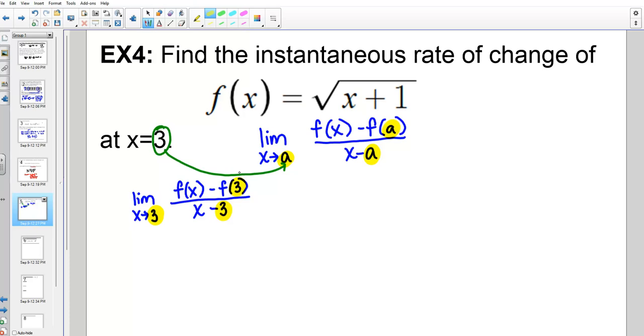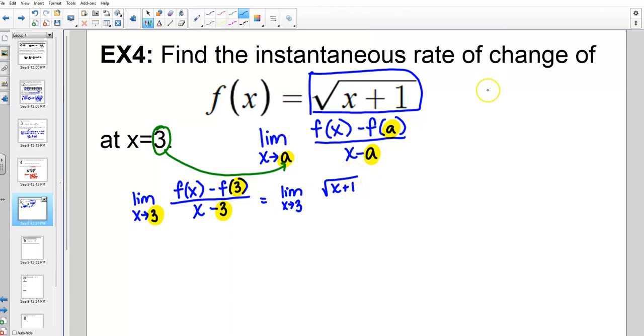So we want to actually figure it out. We're going to have quite a few more steps depending on the difficulty of the problem, but now we're just plugging things in. So we're going to have the limit as x approaches 3 of f of x. Instead of writing f of x, I'm going to put what f of x is equal to, which is the square root of x plus 1.